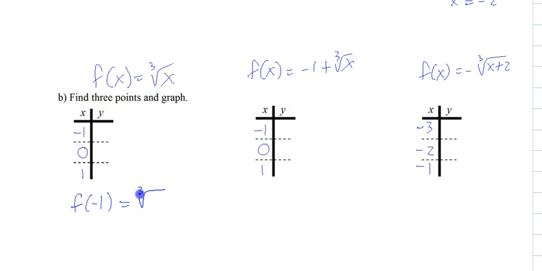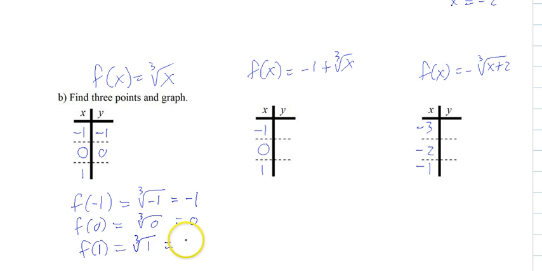So that's the cube root of -1. I don't need a parenthesis. Which is -1, because with cube roots we get to include the negative. It's -1 times -1 times -1, which is -1. F of 0, that's 0. And then f of 1 is the cube root of 1, which is 1. And there's our 3 points.